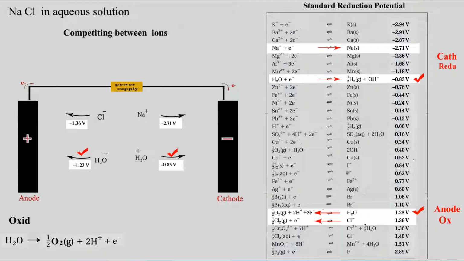Then how about the cathode? The cathode is reduced. Water becomes hydrogen gas and hydroxide ion remains in solution. And that's the way you deal with this competition between ions.